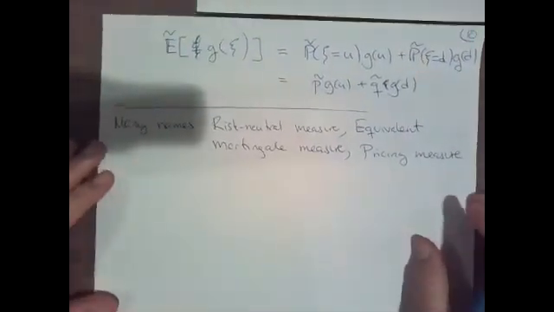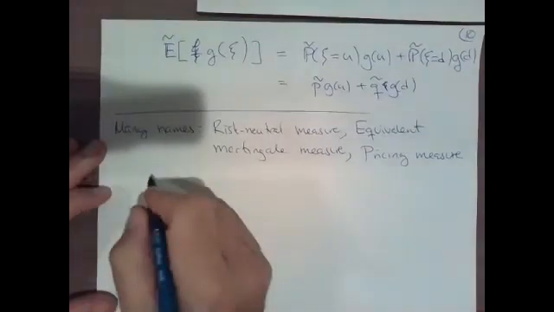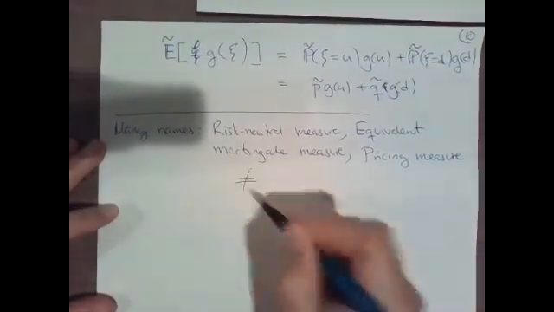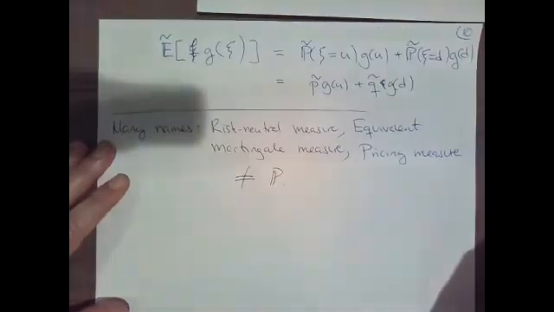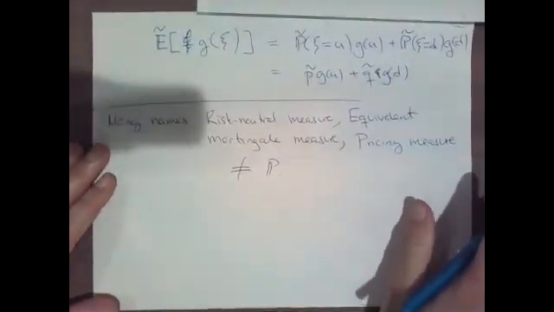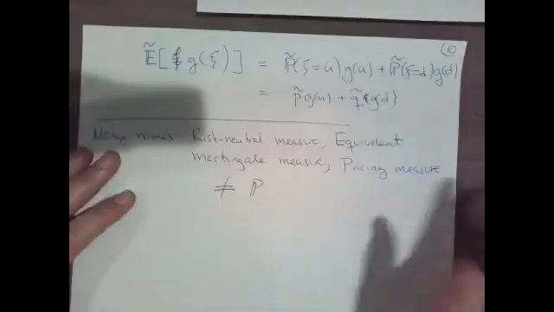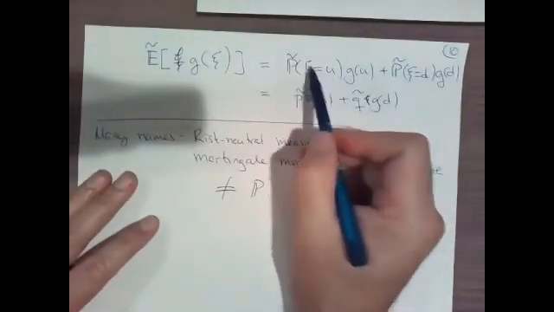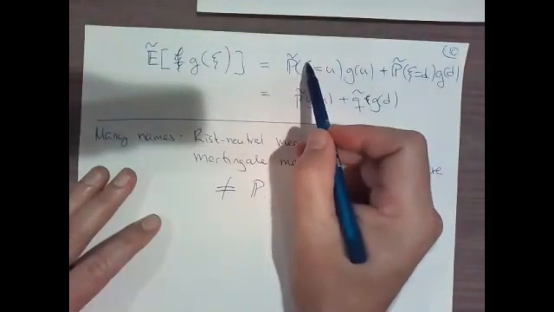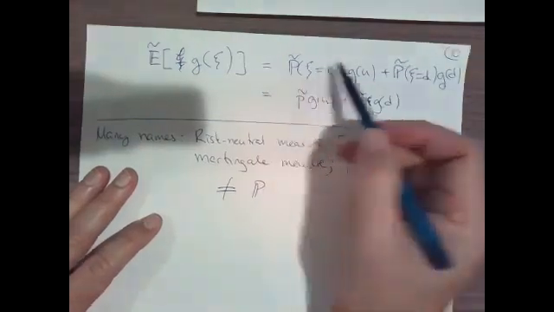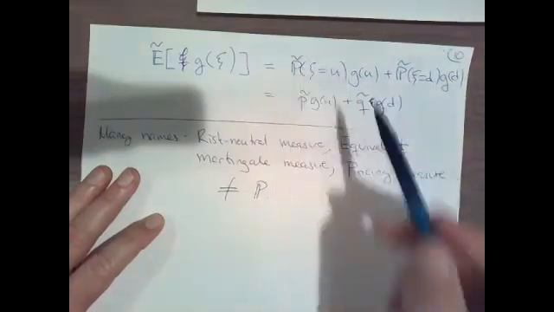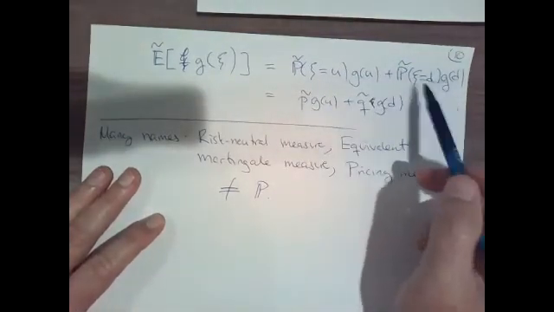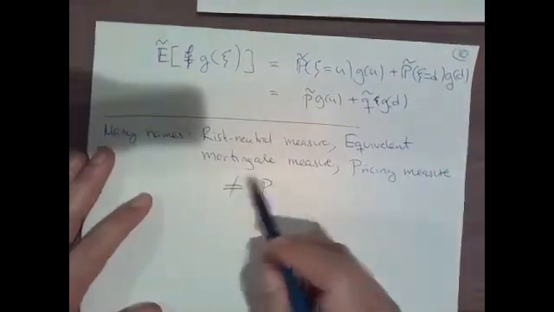This is different than P. This is not the same as that measure P that controls the stock's behavior. The only assumption we made there was that there is a positive probability that psi is U under that measure, and a positive probability that psi is D under that measure.